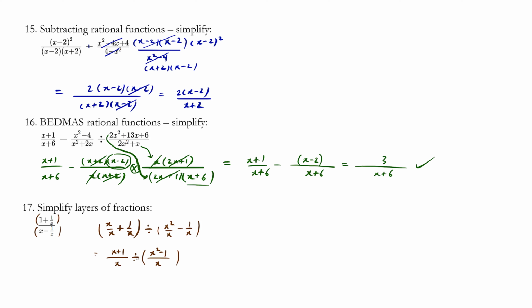Let's continue by converting the division to a multiplication. So we flip the numerator denominator. We have x, and the numerator here, let's just factor it into difference of squares. These cancel out very nicely, and so do these. So the only thing left is x minus 1 on the denominator.